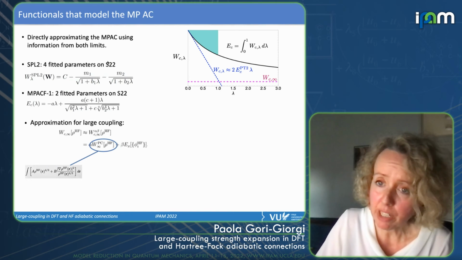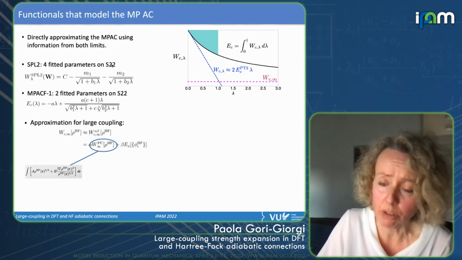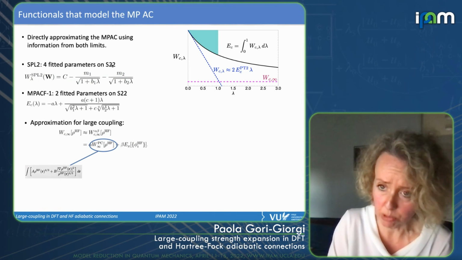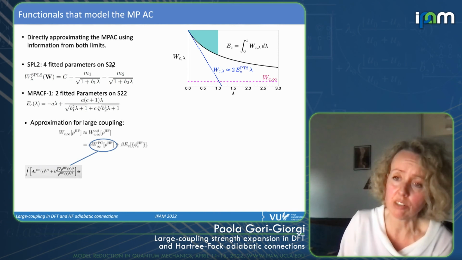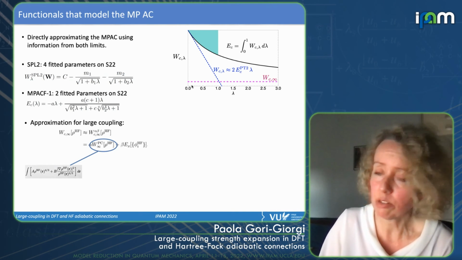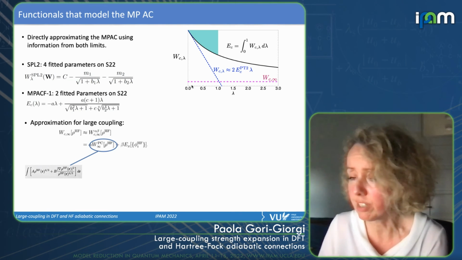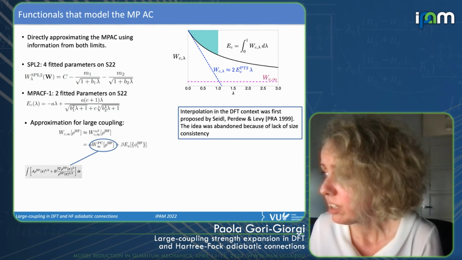And we fixed the parameters to a set of 22 non-covalent complexes, which are much smaller than the ones we want to address. So the idea is we fit these models to a smaller set and see if they can then correct larger systems, if it generalizes.